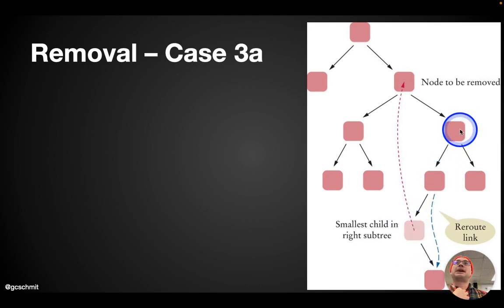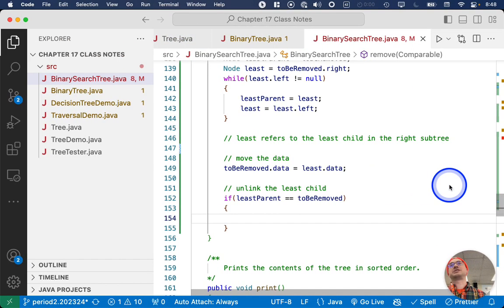But it's also possible that, imagine this entire subtree here, these nodes didn't exist. This node here could be the least child in the right subtree. And if so, its parent is the actual node to be removed. And so if that's the case, we need to update the right child link to refer to this node here instead. Okay, so we do have two separate cases here.